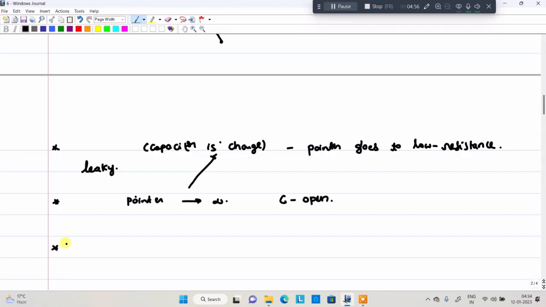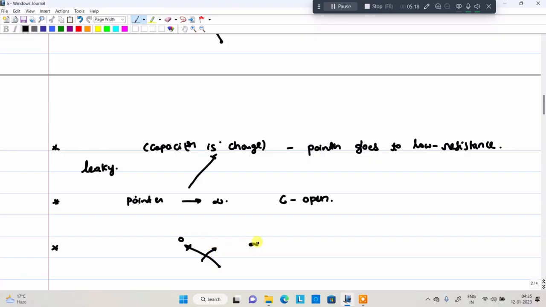Right? Last observation: if the pointer first moves quickly towards the low resistance side, it shows the capacitor charging, and then the pointer slowly goes to infinity.